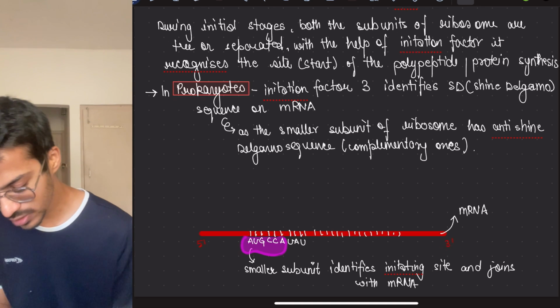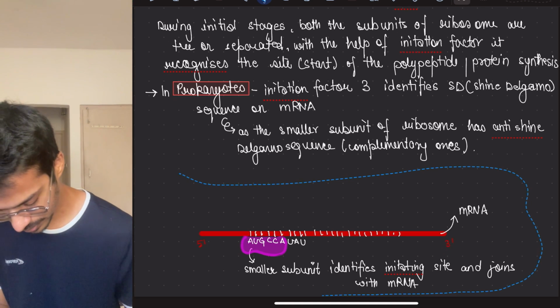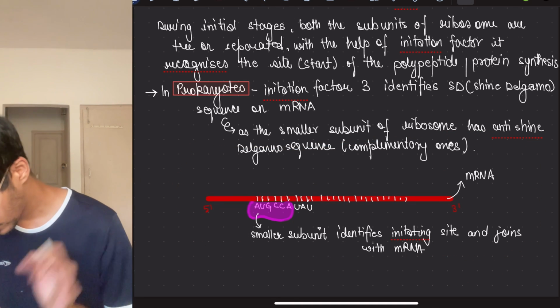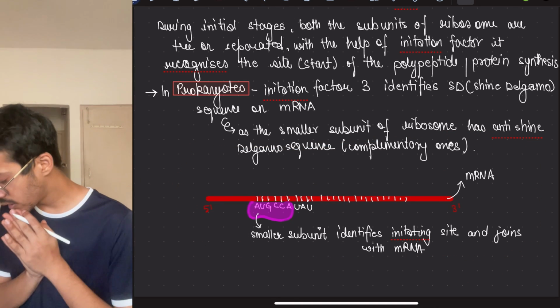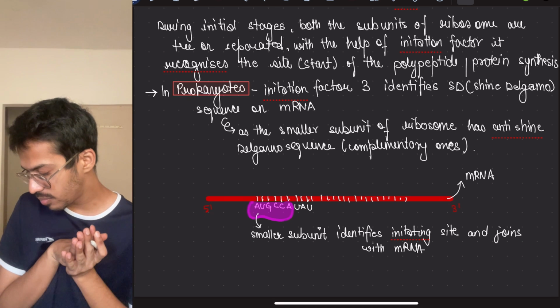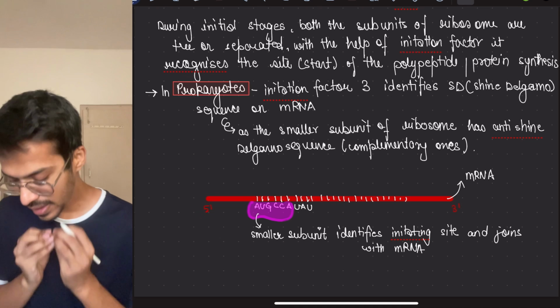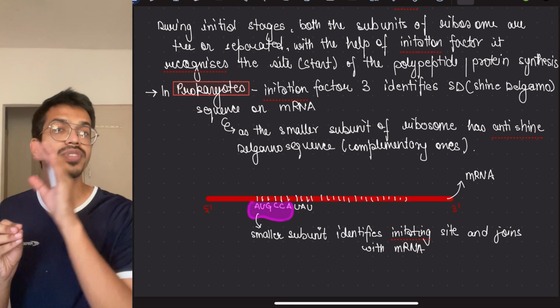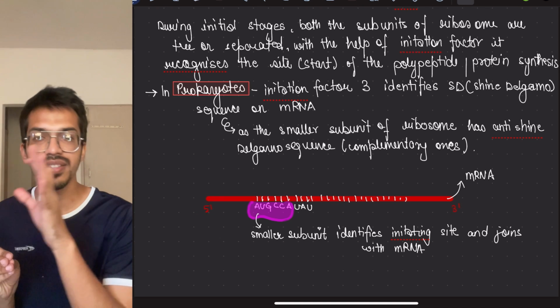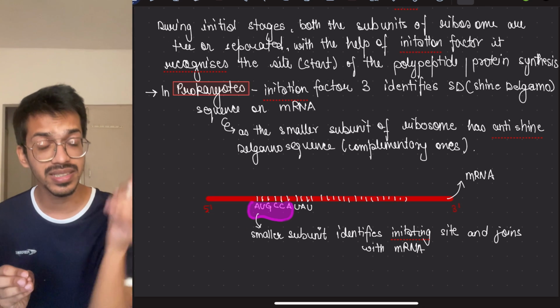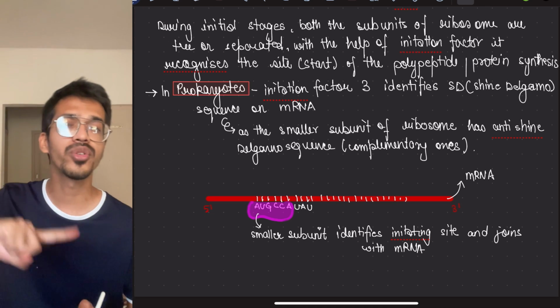What happens in case of eukaryotes? In eukaryotes, the same smaller subunit, 40S, will recognize it with the help of the capping, that is the 7-methyl guanosine capping. Remember the post-transcriptional things that we have studied. If not, go back and see the video.